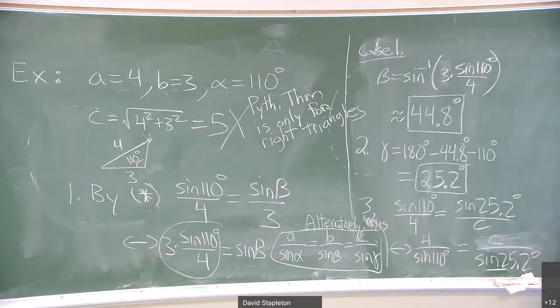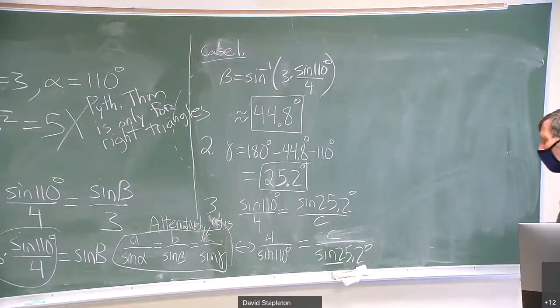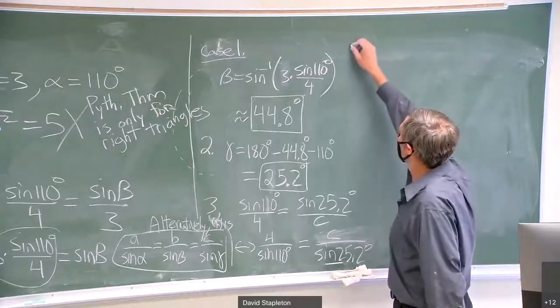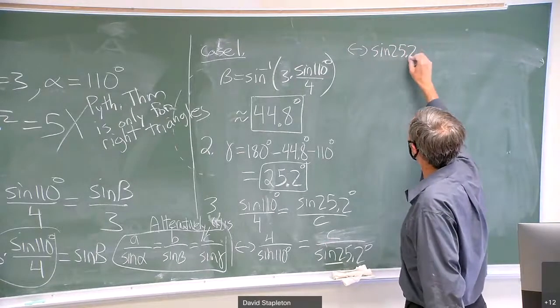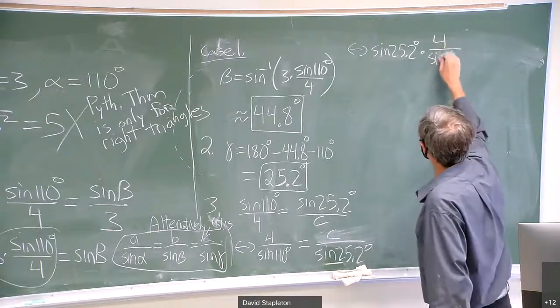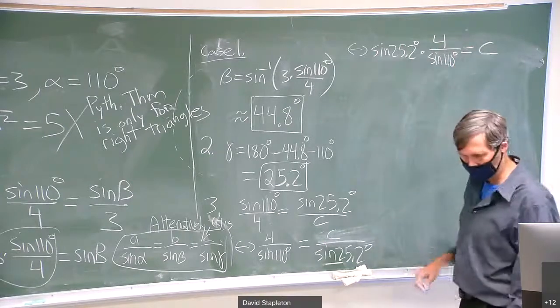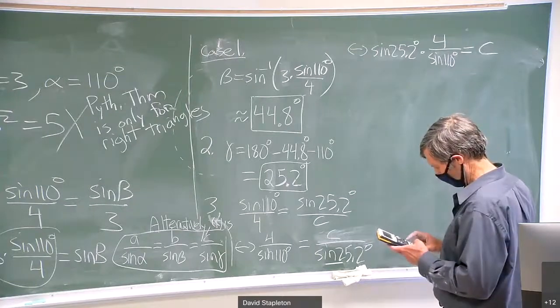Now, move this over a bit. I multiply both sides by sine 25.2 and I get sine 25.2 degrees times 4 over sine 110 degrees is equal to C, and I just have to do the calculator. Let's see.